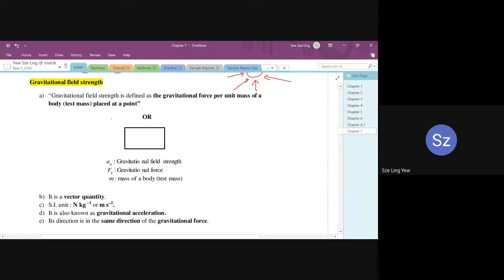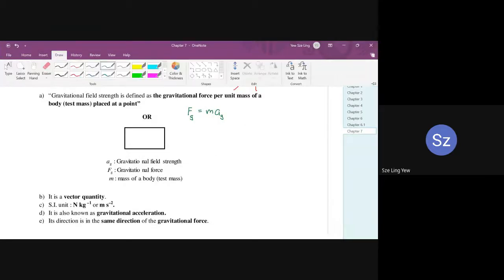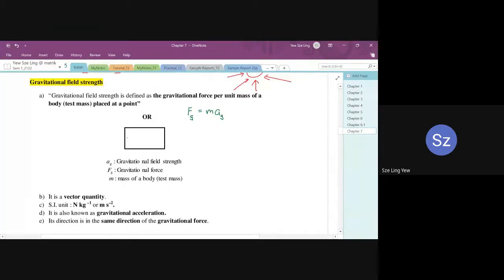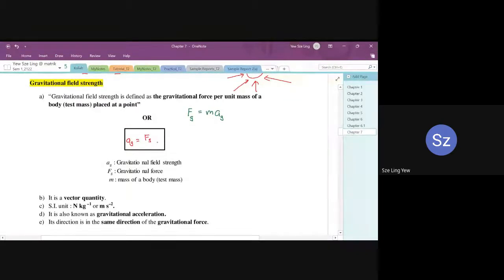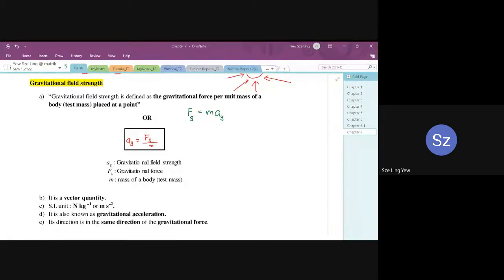Basically, you obtain this definition based on Newton's second law. Newton's second law tells you F equals ma. Now you are looking at gravitational force, therefore Fg equals m ag. So rearranging these equations, you get ag equals Fg over m. And this is the definition of gravitational field strength.